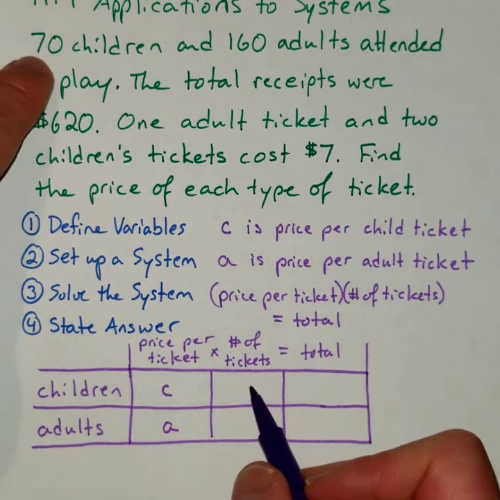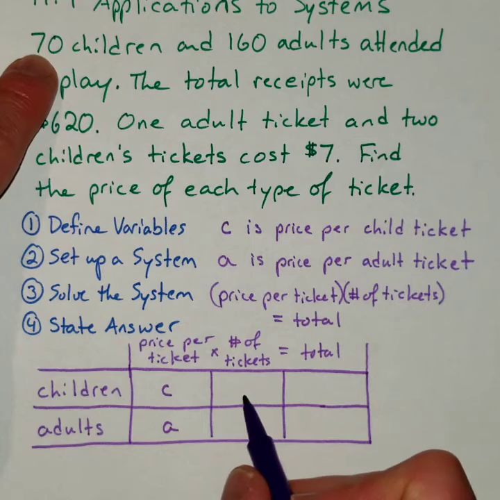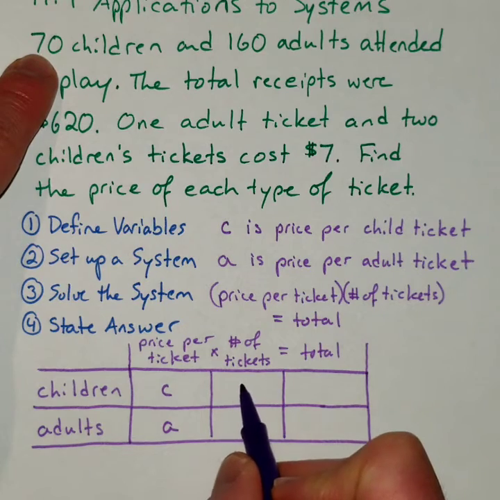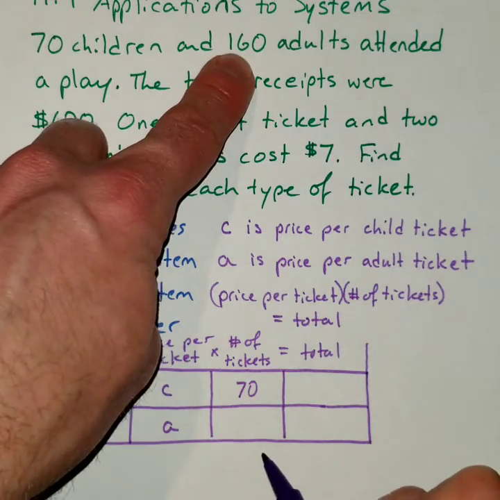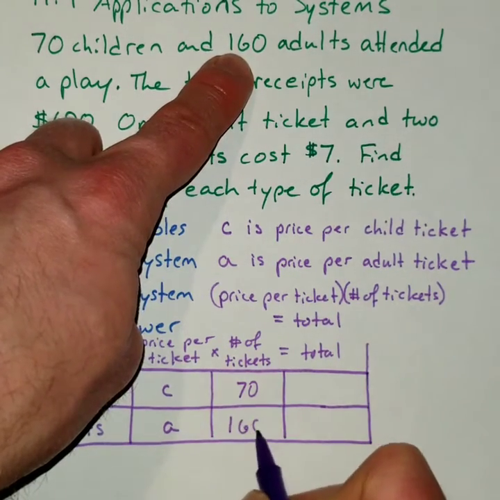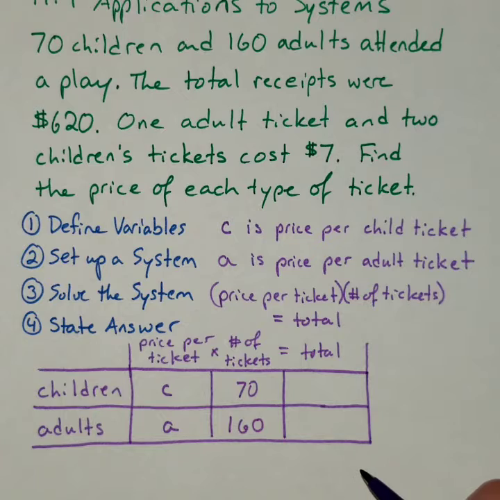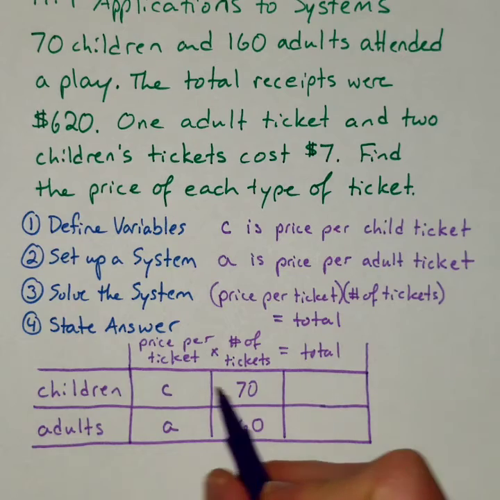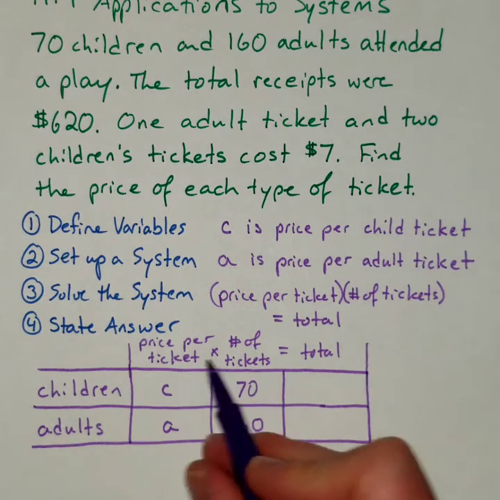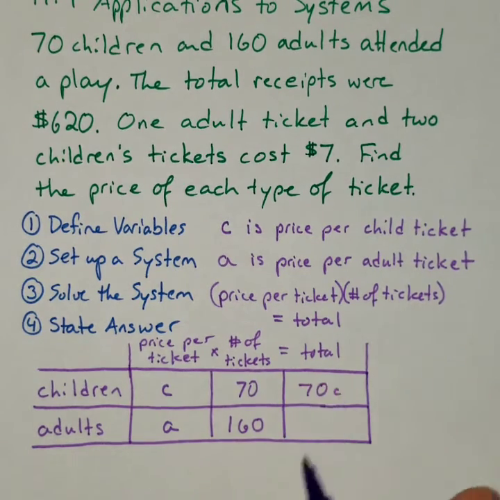We do know that there were 70 children tickets purchased, and that there were 160 adult tickets purchased. So the total amount spent on children tickets would have been C times 70, that's the product, so 70C, and for adult tickets would have been 160C.